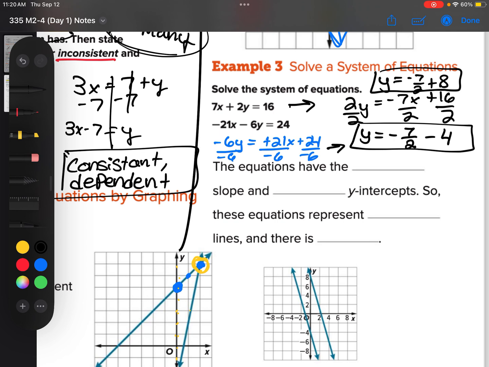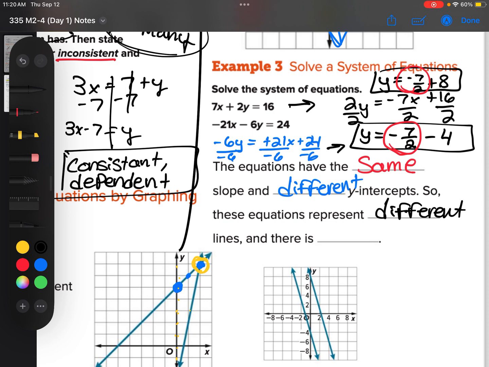So if you look here, both of the equations have the same slope. They have the same slope, and they have different y-intercepts. So these equations represent different lines.